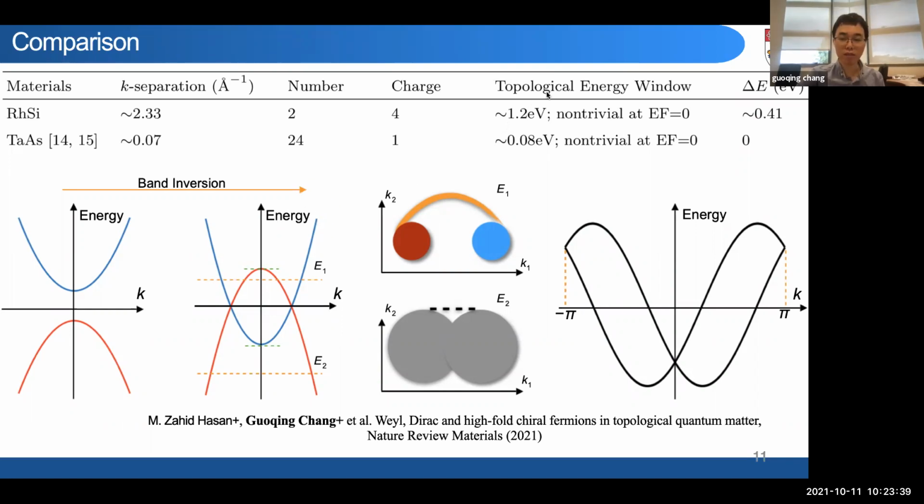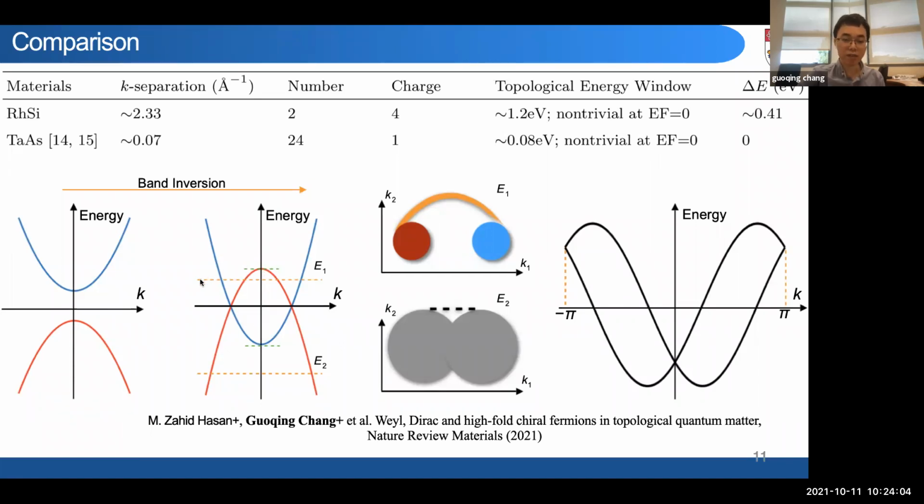So how do we understand the topologically non-trivial window? Previously we mentioned that we need to create Weyl nodes by band inversion. This is the way to create the conventional Weyl semimetal. The size of the topologically non-trivial window is fully determined by the degree of band inversion. So the way to understand it is this. We have two Lifshitz transitions here, this top and this bottom.